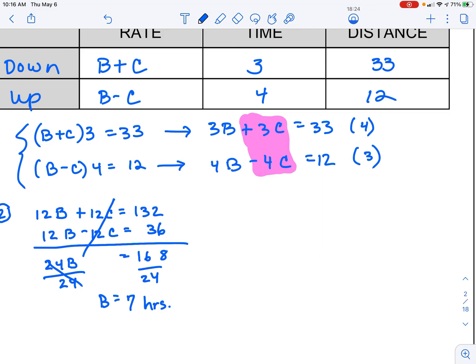Let me see what they were asking. What was the speed of the boat in still water, and what was the speed of the current? Well, I think I could have just taken the time and plugged that in, couldn't I have? That was kind of a lot of work to find that.